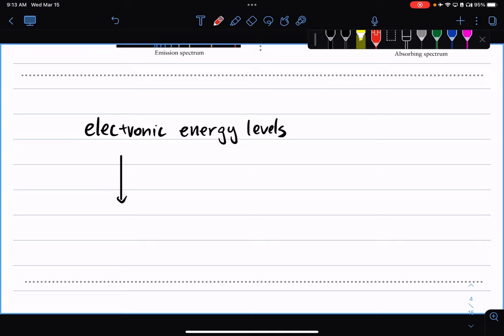And by electronic energy levels, we're talking about excitation of valence electrons. Since we're working with valence electrons only, we're leaving the core electrons untouched. We don't need that high energy laser beam.